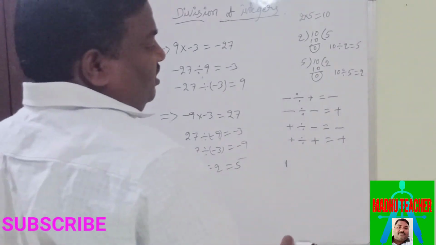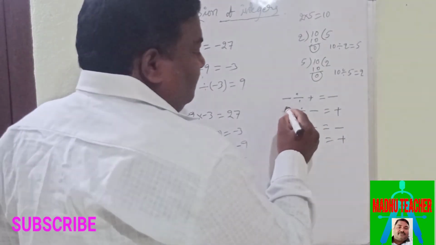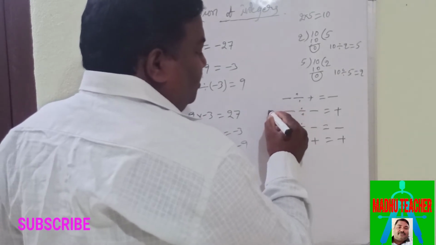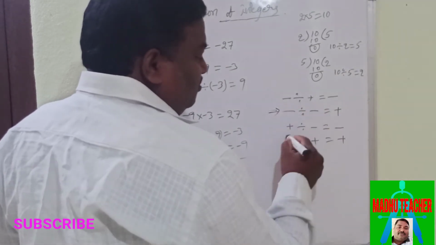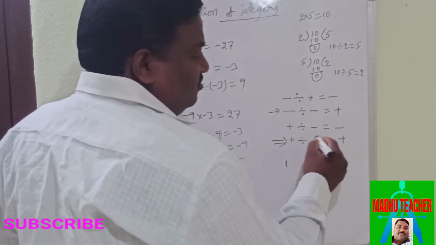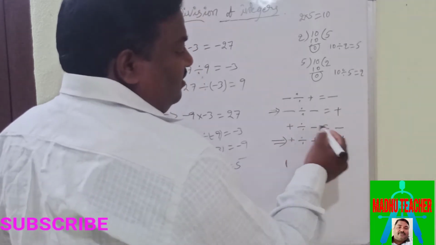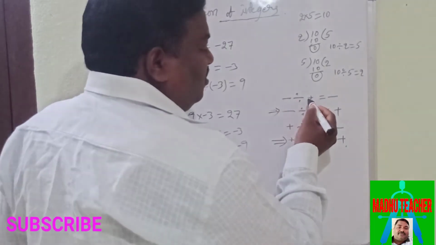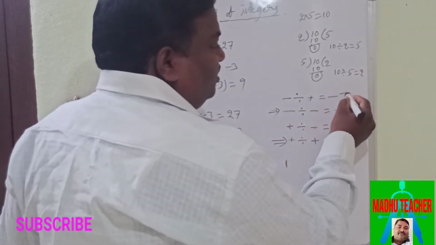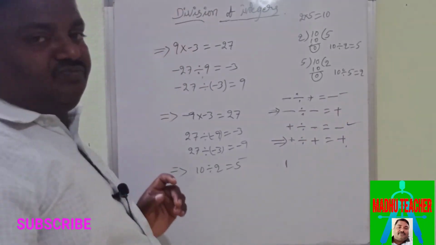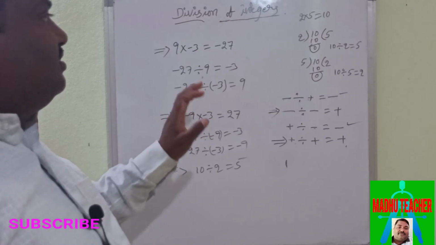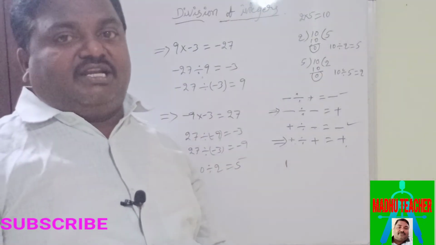So you can conclude that division of negative integer by negative integer gives positive, positive integer by positive gives positive, and division of negative by positive or positive by negative gives negative.